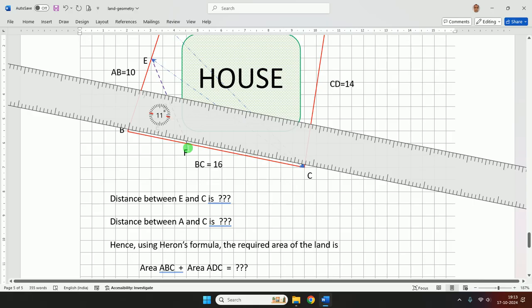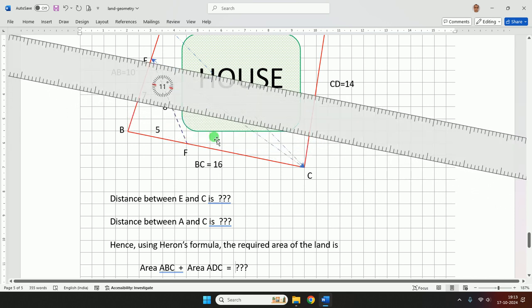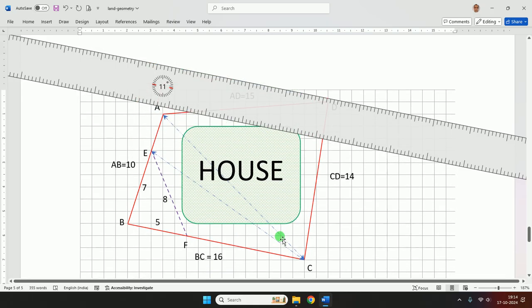So 16 mark means 16, and this one is 10, 20, 30, 40, 45, 46, 47, 48. So this is 48 mark and this is 16 mark. So 16 is approximately 5 divided by 3 and 48 is accurately 16. 48 divided by 3 is 16. So that's correct.